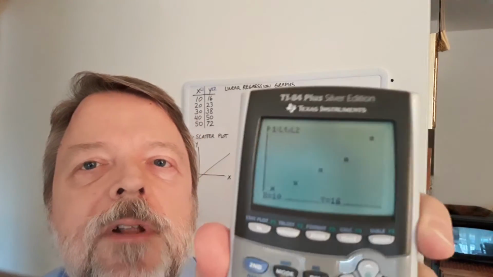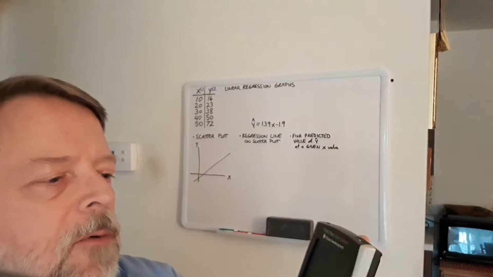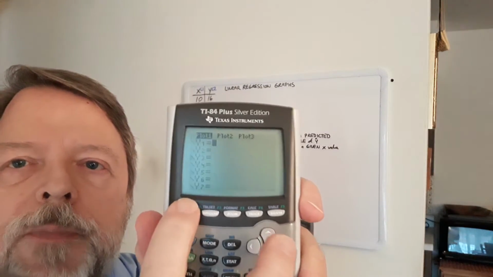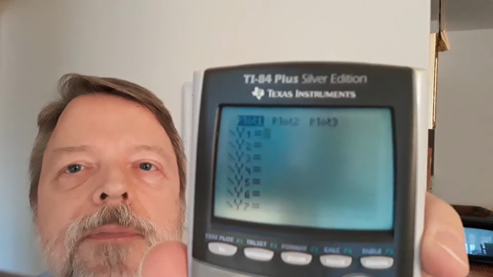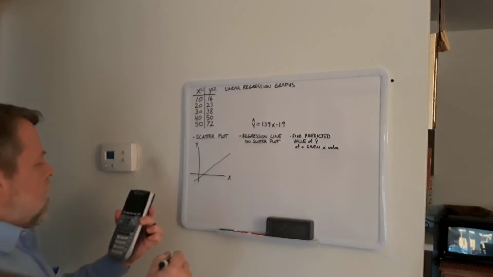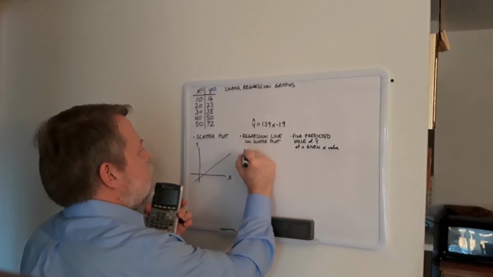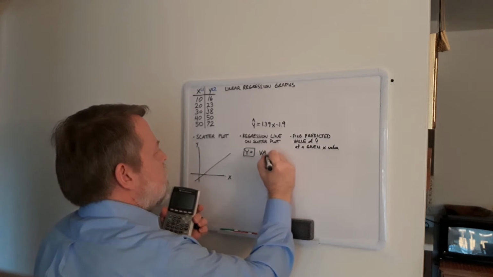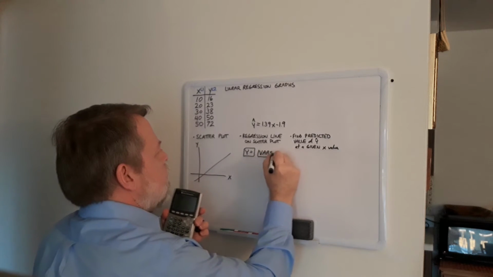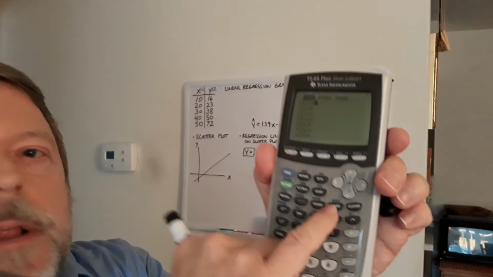Now, to get that regression line on the scatter plot like you want it, first thing is to press the y equals button, just the y equals button by itself. Then we have that special key sequence we did last time. So let me remind you what that key sequence is. We have to start with the y equals button where we are right now. We want to press the vars. Vars is right below your green arrows right there.